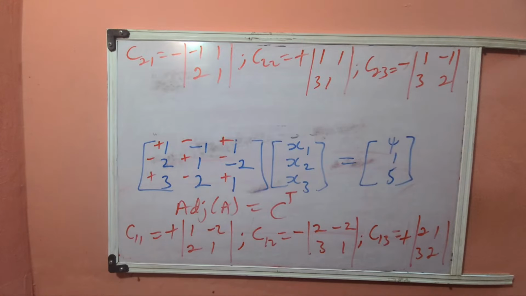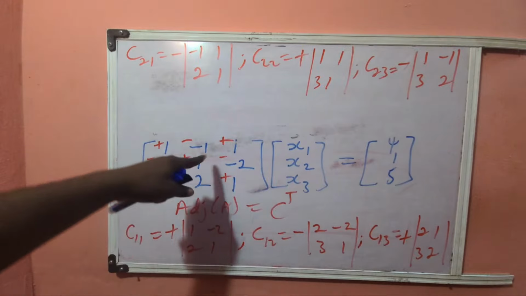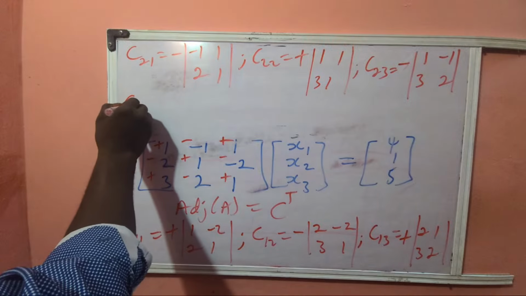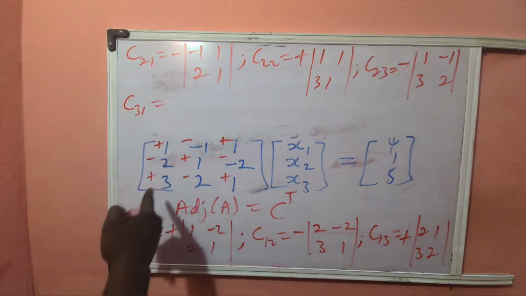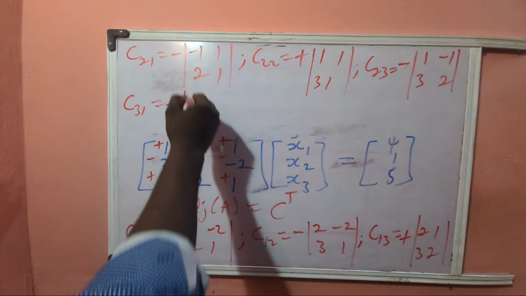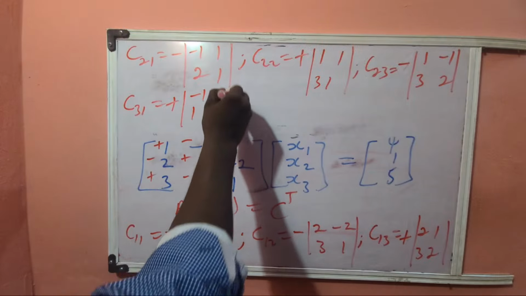In case you have forgotten, the signs are what you're seeing here: plus, minus, plus. We're using the signs we have attached to them right there. So for the last set, that's 3, 1, we have positive. In this case, we'll be dealing with minus 1, 1, 1 minus 2.